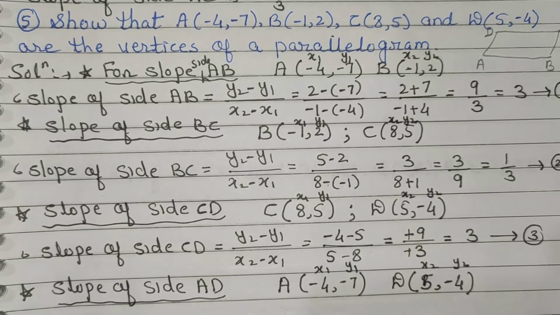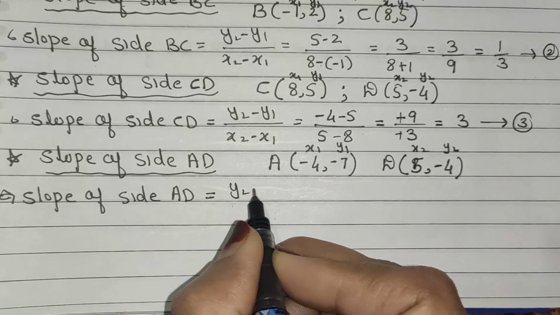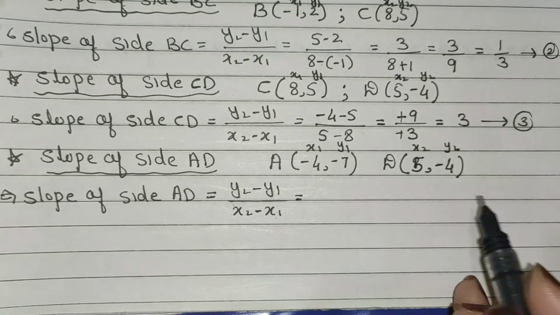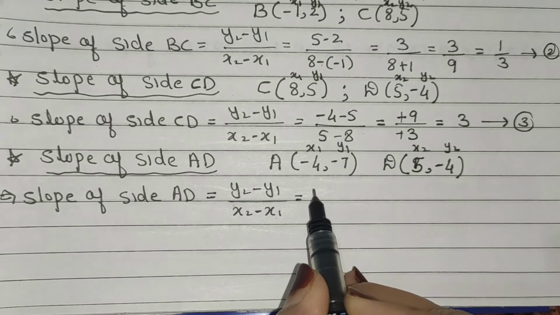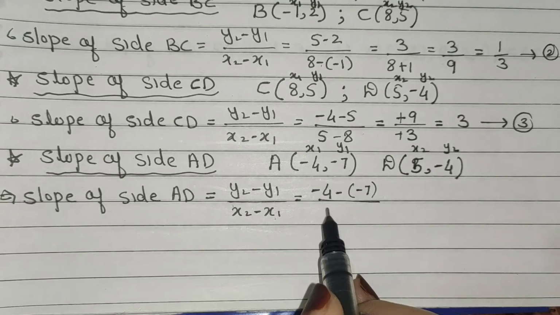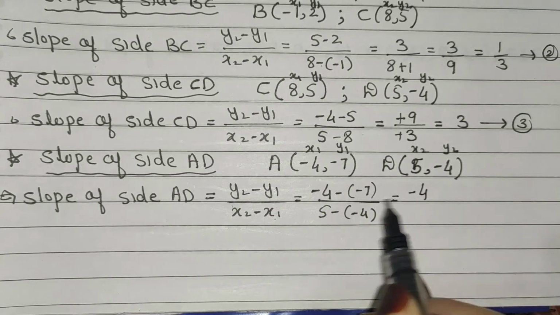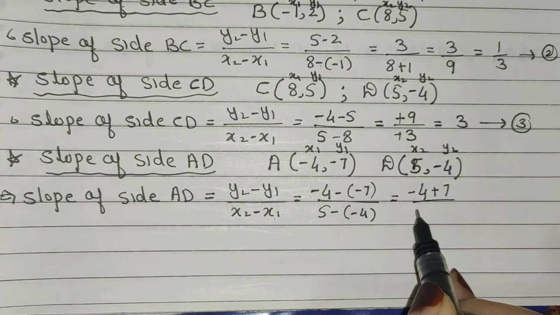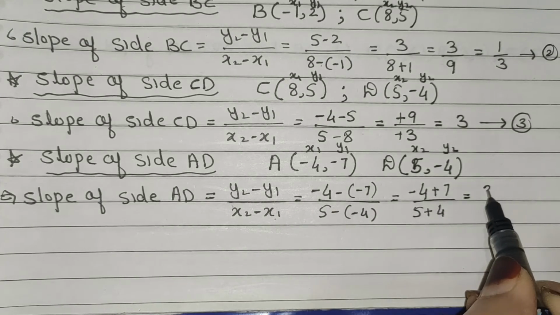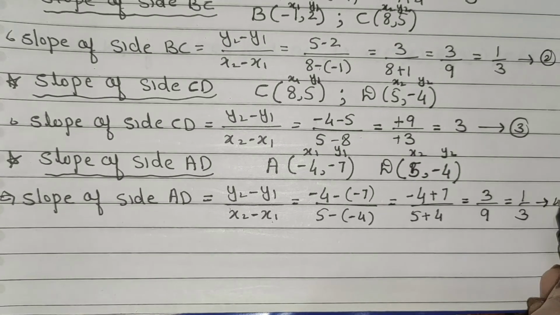Write down slope of side AD is equal to y2 minus y1 upon x2 minus x1. Substituting the values, we get here minus 4 minus of minus 7 upon 5 minus of minus 4 is equal to minus 4 plus 7 upon 5 plus 4 is equal to 3 upon 9, cancel it, we get 1 upon 3. Give it equation number 4.